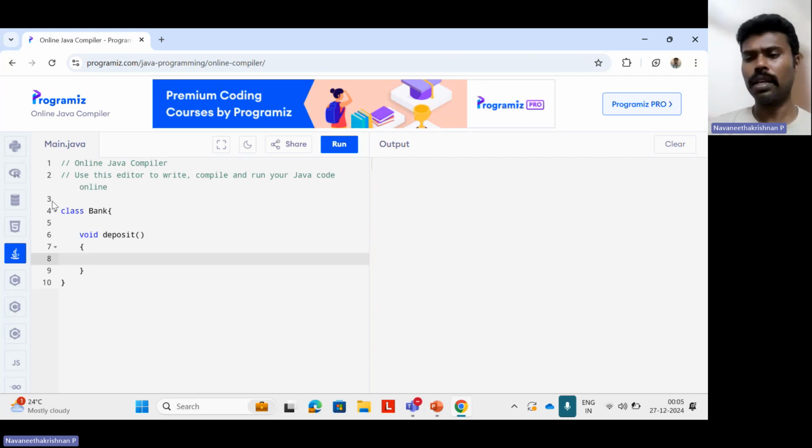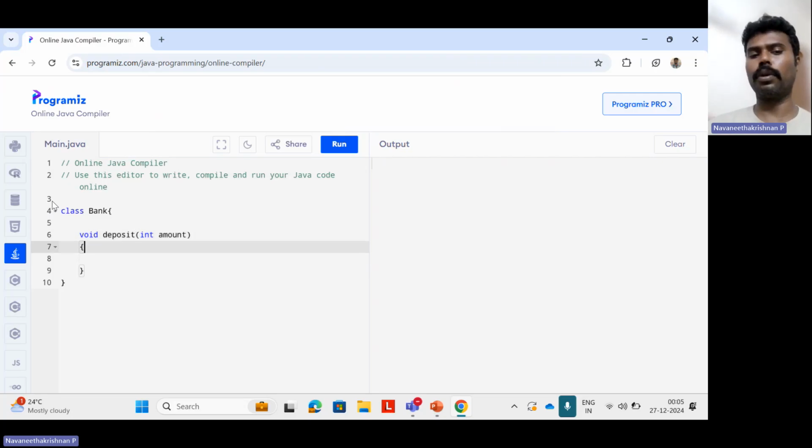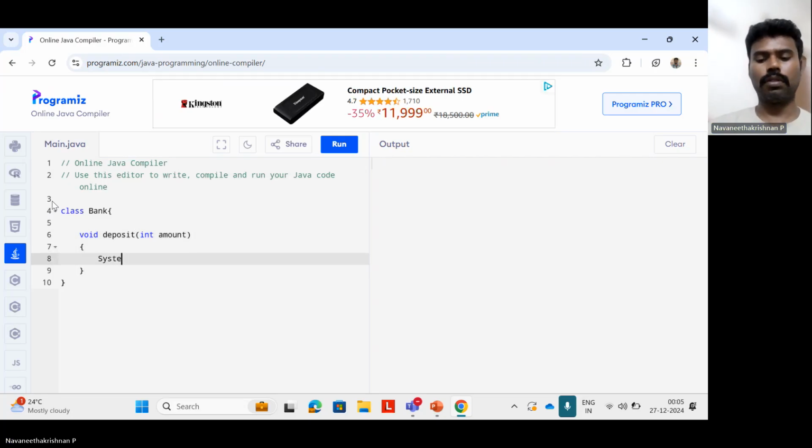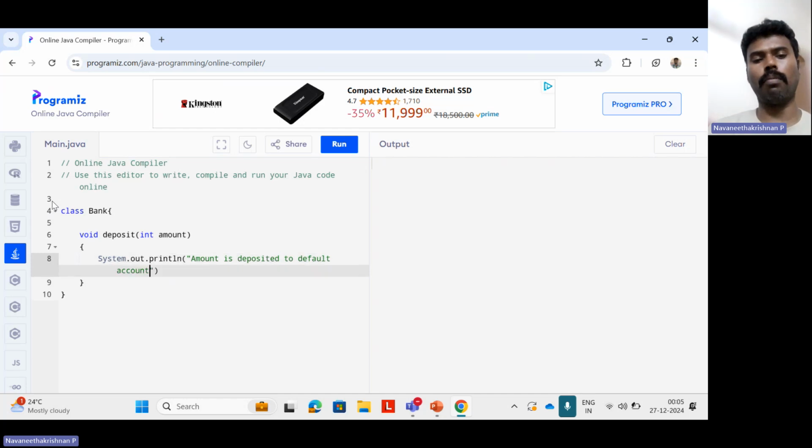Deposit is a functionality in the bank. I take a parameter, the amount I'm depositing. Say some default account I have, so that I'm not mentioning the account number.